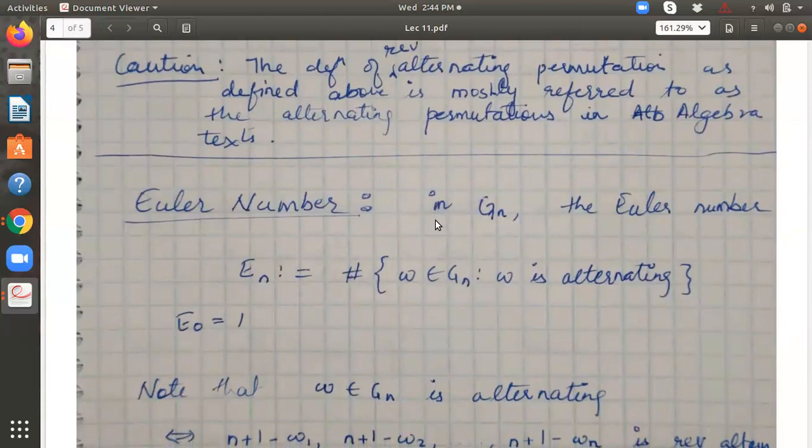In Gn, the Euler number is nothing but the count of permutations which are alternating. And we fix the number of alternating permutations for n equal to 0 to be 1, which means when you're working with the empty set, the number of alternating permutations is 1.